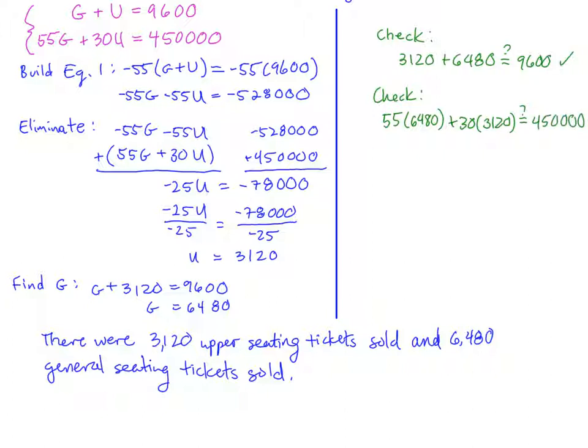Simplifying that left-hand side, we'll see that we get 356,400 plus 93,600, and when those are summed up, they do indeed equal 450,000.